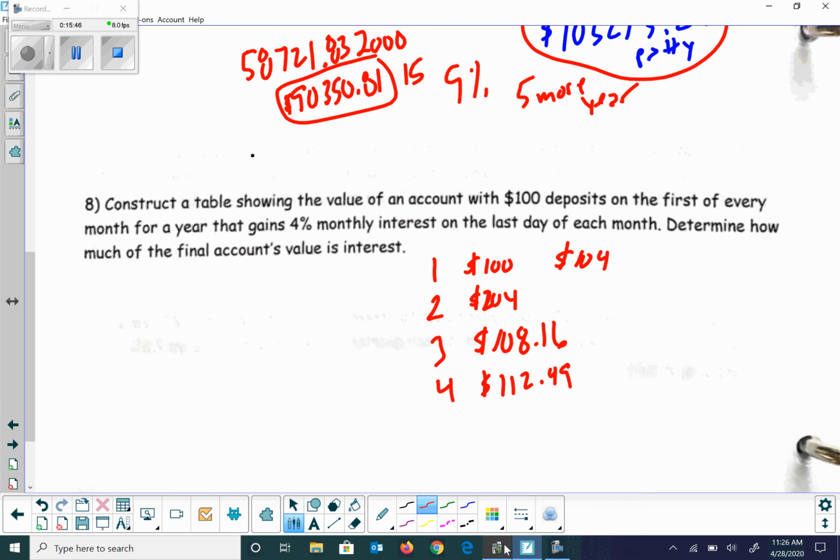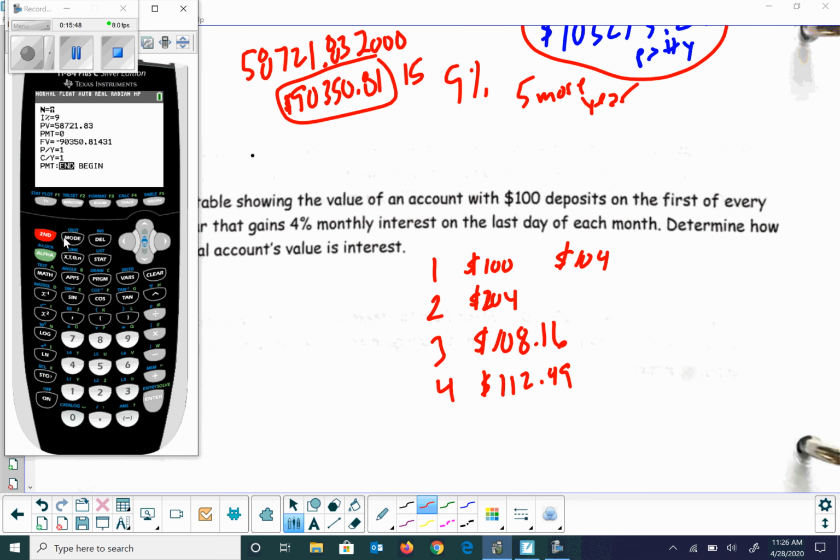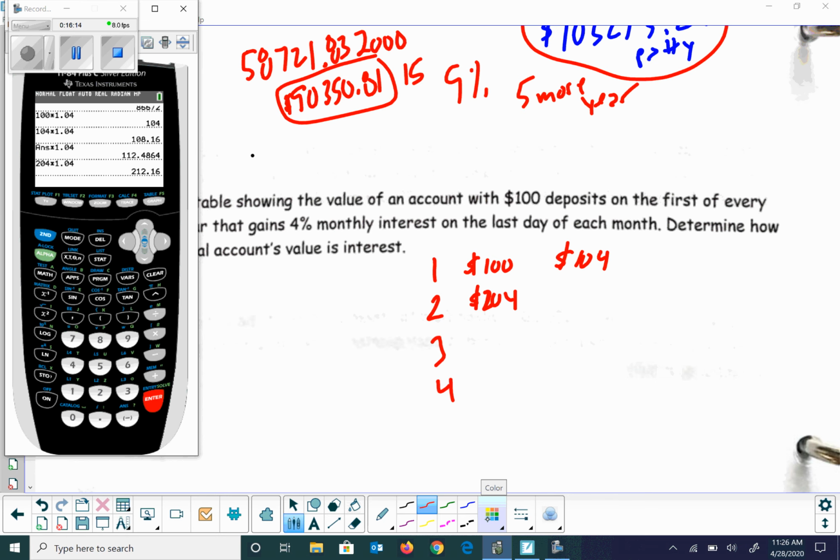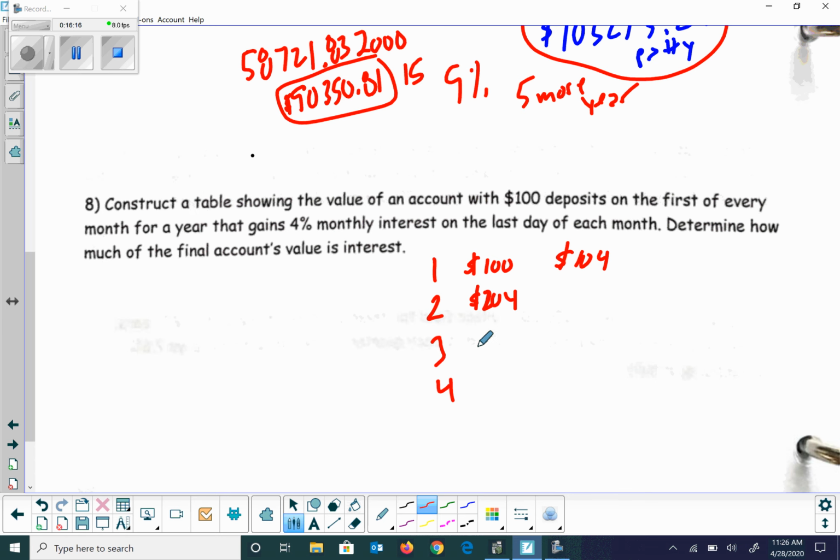I'm going back to the calculator and just clearing out of this. All right, so now you have 204 times the 1.04. So that means you get 212. So then this one will become 312.16 because I'm adding the $100.